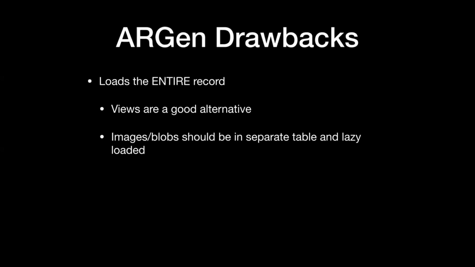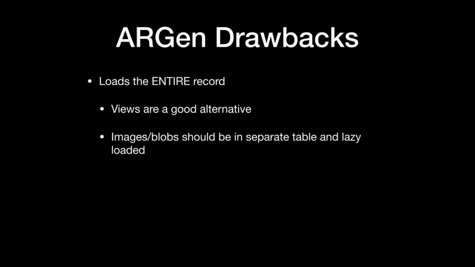Now, I would be remiss about talking to you about ARGen without telling you some of the drawbacks. The first one is that it loads the entire record. So if you have a table with 255 fields on it, which I think is a bad idea, and you tried to load that record up, ARGen will load the entire record.